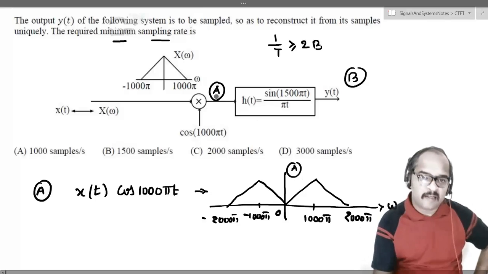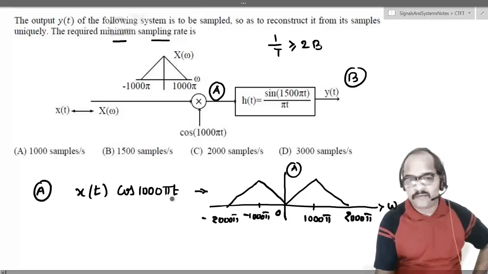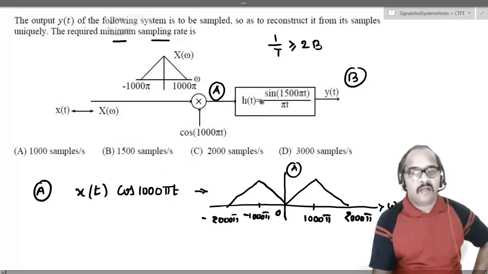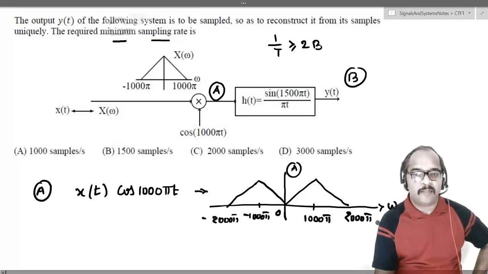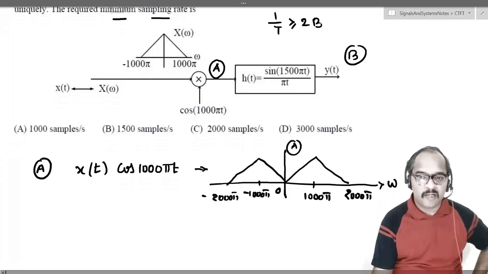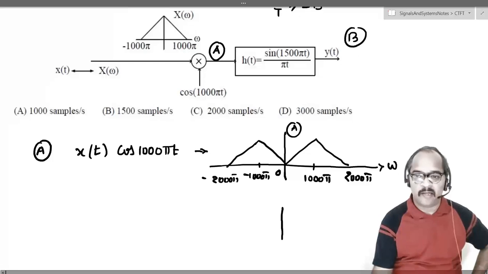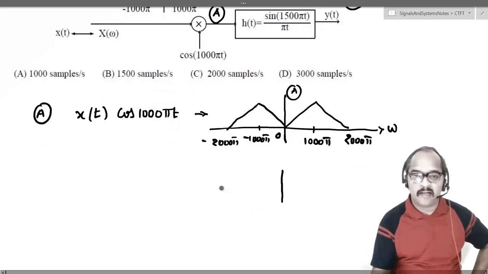Next, the signal at A, which is x of t cos 1000 pi t, is passed through this system, whose impulse response is given by sin 1500 pi t by pi t. So what is the corresponding Fourier transform, I mean, what is the frequency response? H of j omega would again be a rectangle, correct?